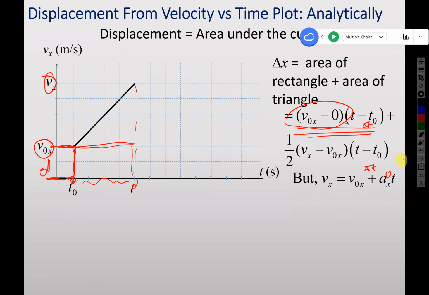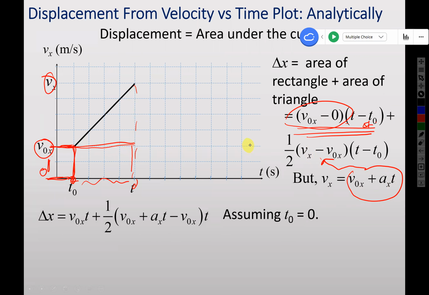I want to make use of the formula we defined a few slides ago, I think before the break, when we were defining acceleration from the slope. If I plug that in, it's going to be a little bit of algebra. So you plug that in and solve, and you get this equation.